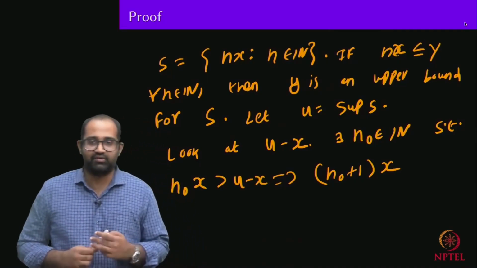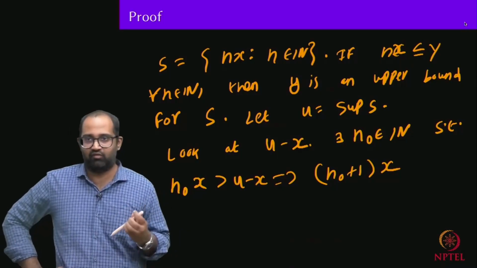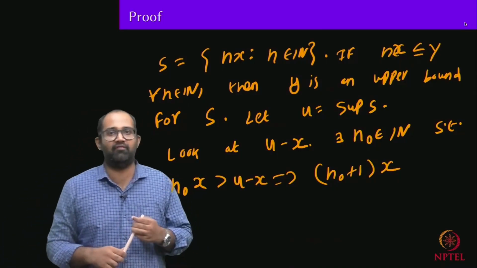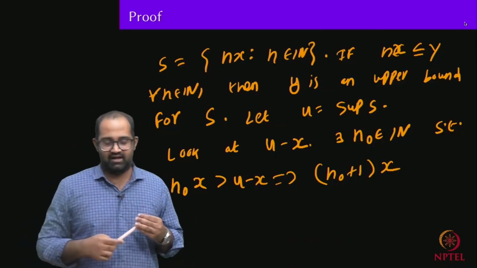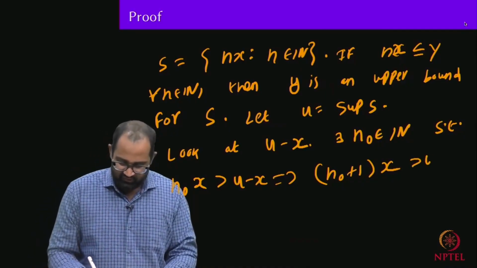Yeah, I have to use x. x is a positive number, so I could as well use x in the place of 1. Chop off x from u. Don't chop off 1, chop off x from u. Then there must be an n naught such that n naught x is greater than u minus x, which implies n naught plus 1 times x is greater than u.